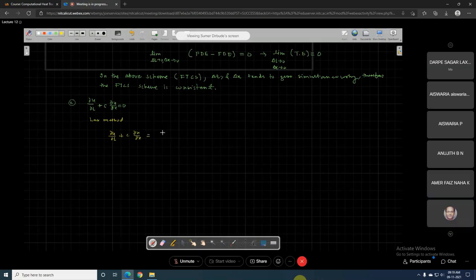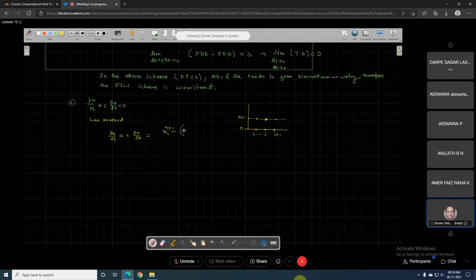It is discretized as u at I, with u taken at I and n plus 1. So you should recognize it like this: this is I minus 1, I plus 1, and this should be your nth level, n plus 1th level values, and these nth level values. So u I n plus 1, this value minus, now here is a trick.